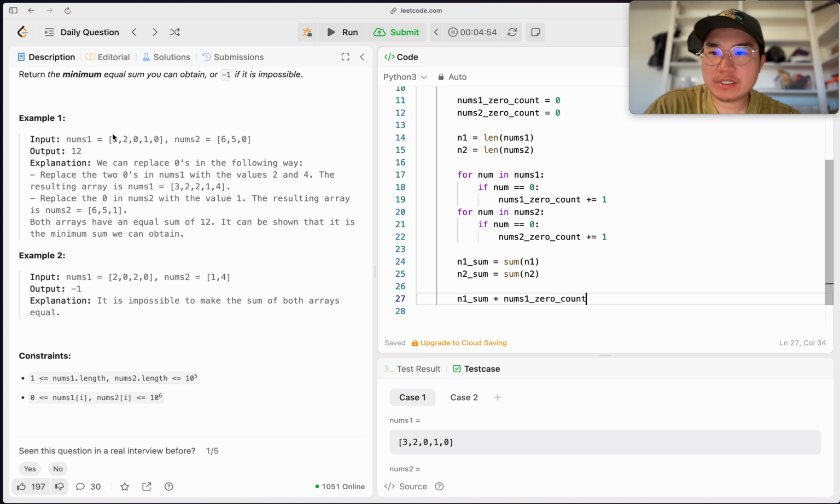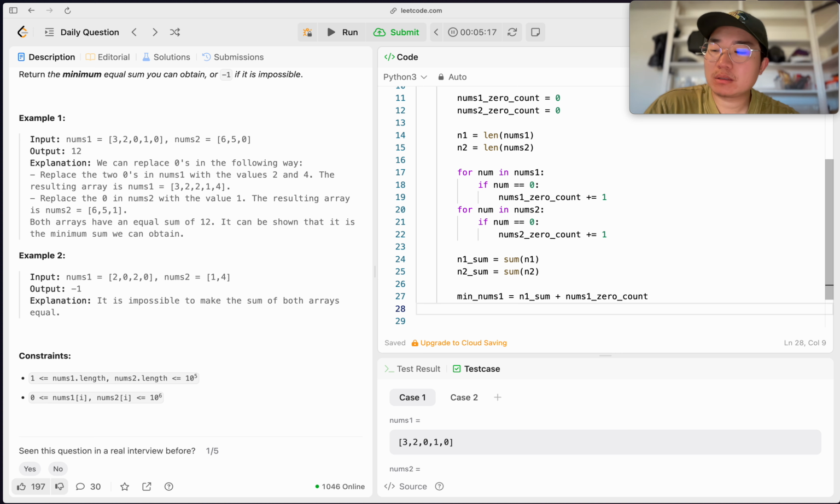And that would give us 8. That's the minimum that nums1 can be.